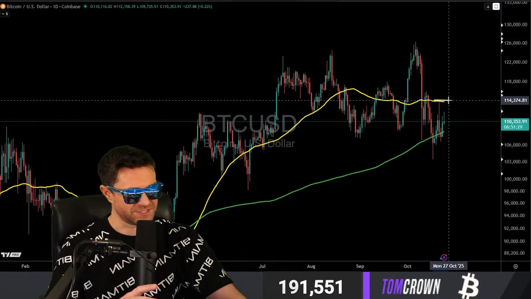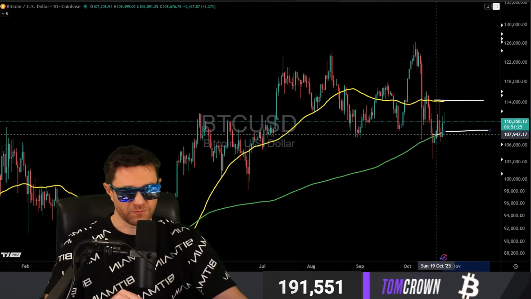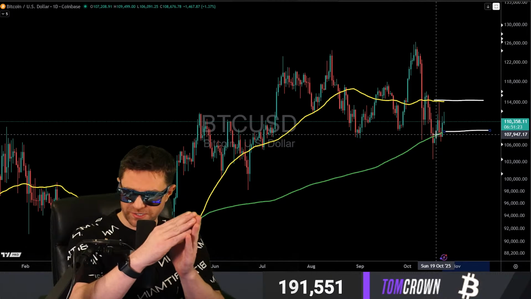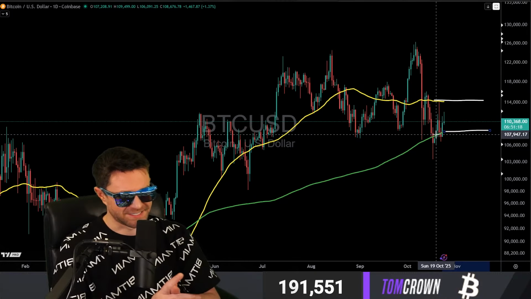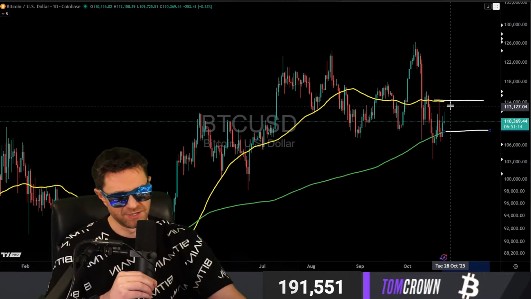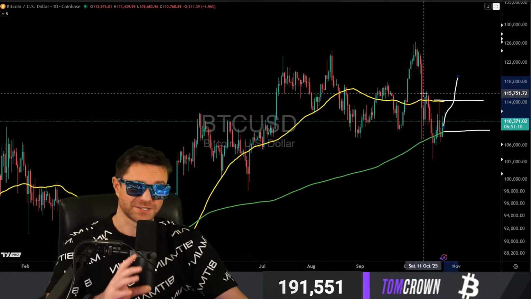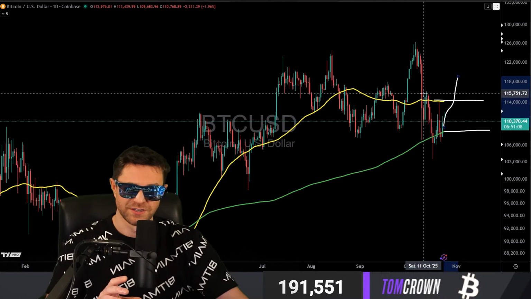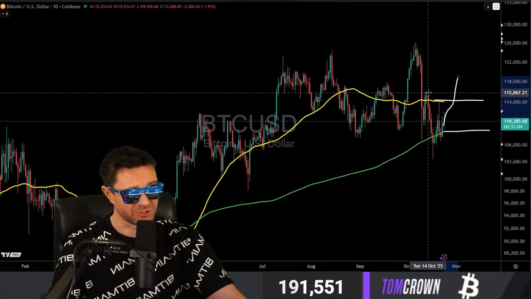If price ranges between 114 and 108, we will watch these get closer and closer. They probably will cross in that scenario, but they'll just drag it out longer and longer. If Bitcoin trades above 114, and we've talked about the bullish potential here, if price can recapture the 115 area, things start looking really good.